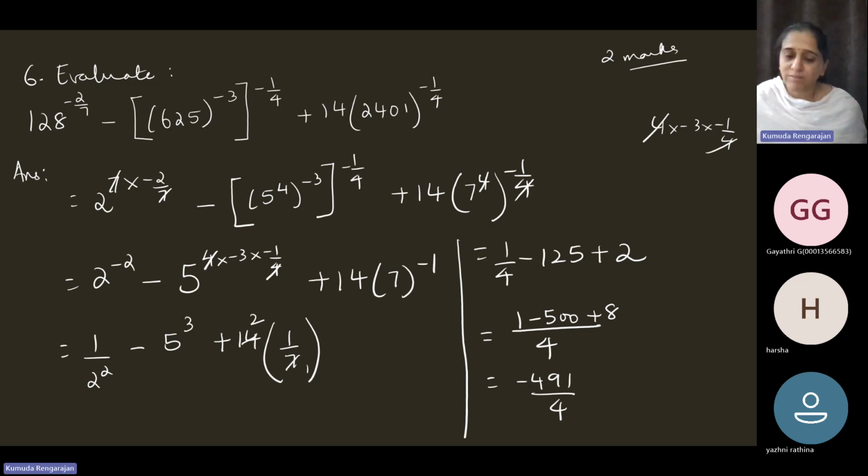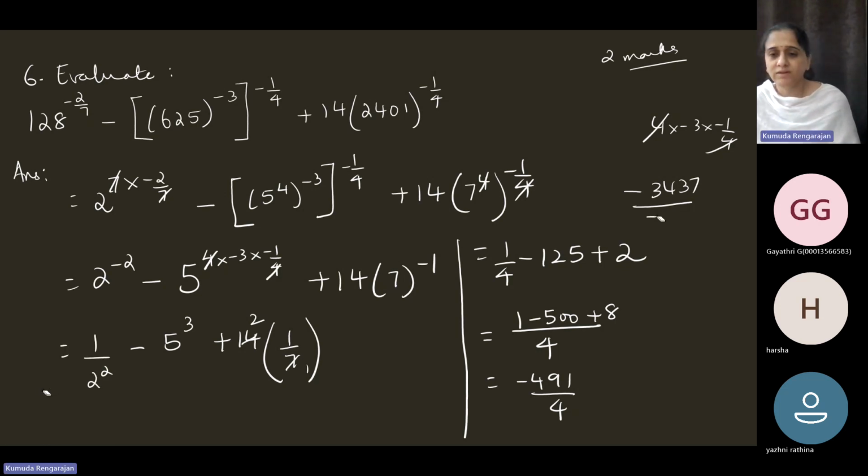Now, Gayatri, you said by 28, right? Yes, ma'am. Let me multiply 491 by 7 and see. What did you get? Tell me, minus 3,489. No, if you got minus 3,437 by minus 28, then by 28 you are right.